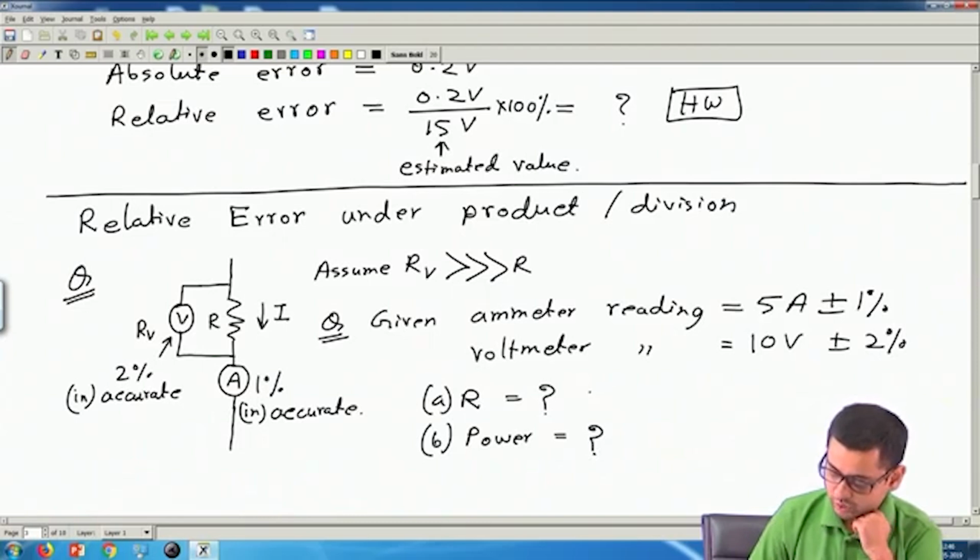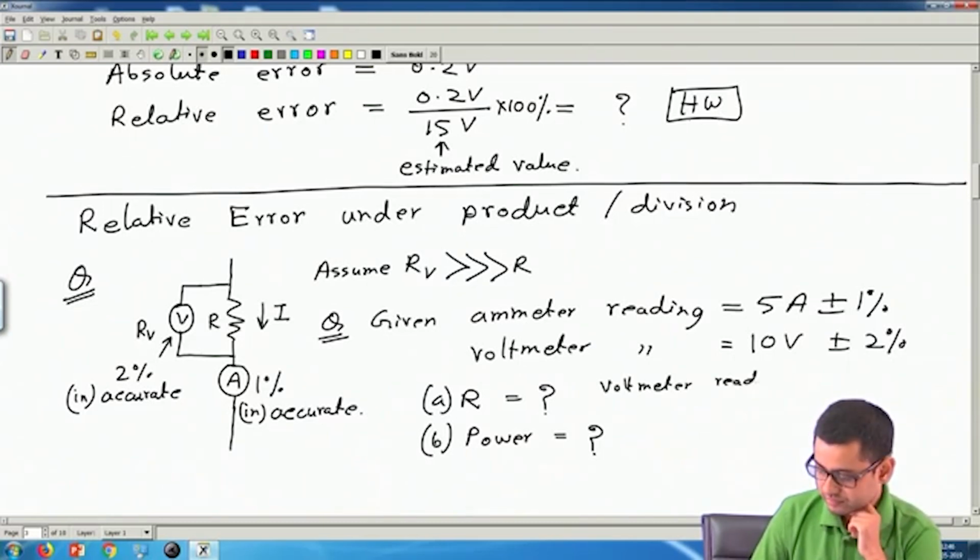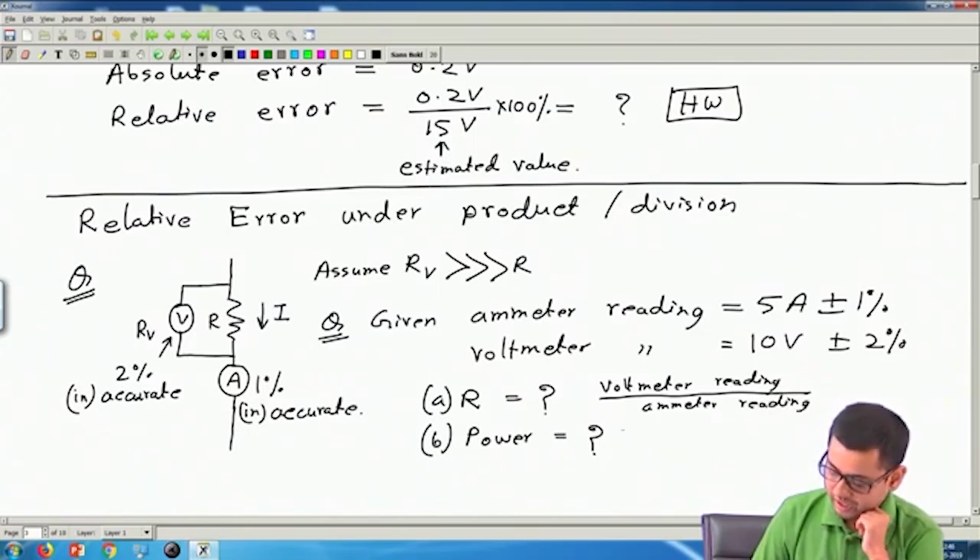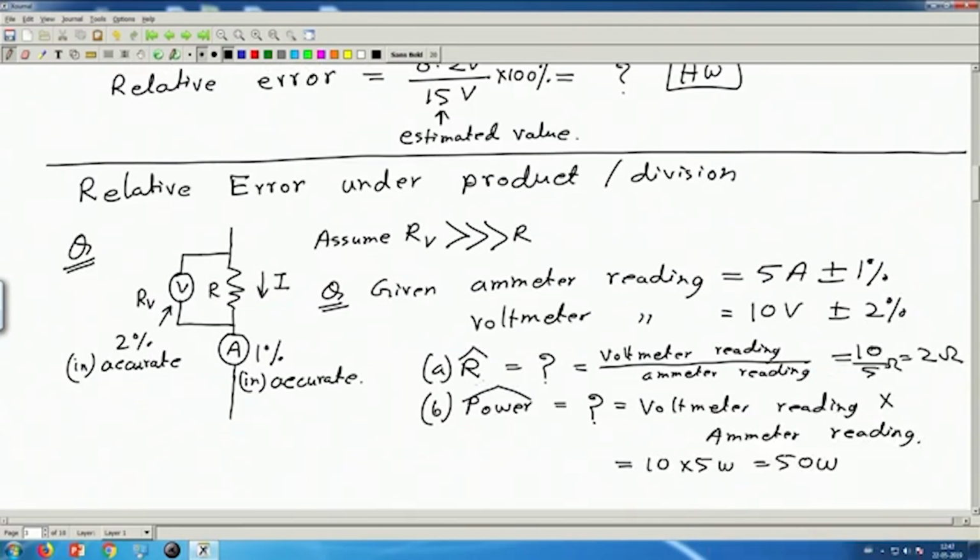So R, we know this is voltmeter reading by ammeter reading. And the power is voltmeter reading multiplied by ammeter reading.